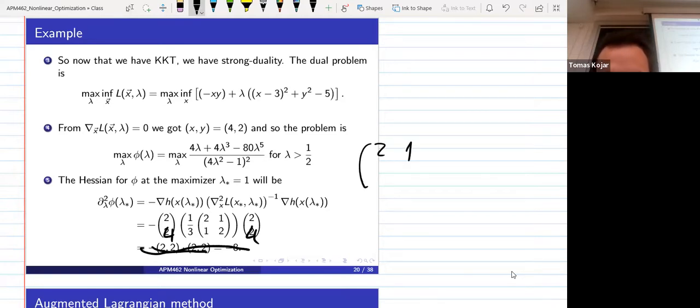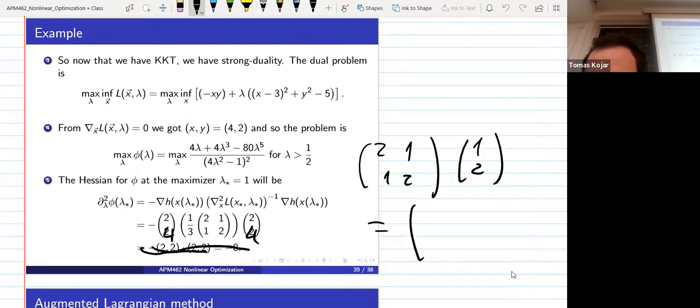So 2, 1, 1, 2, and then forget the 2. So then what do you get? You get 4, right? And then you get 4. Is that okay? 2, 1, and 1, 2.